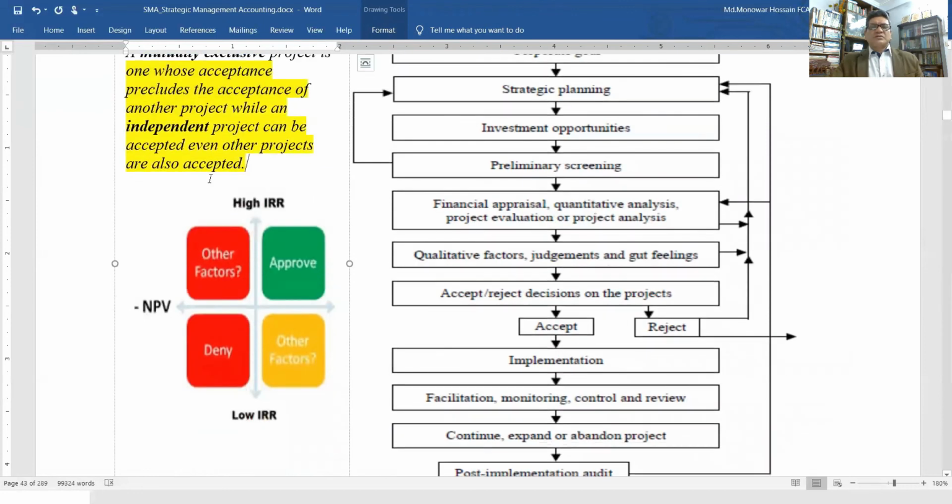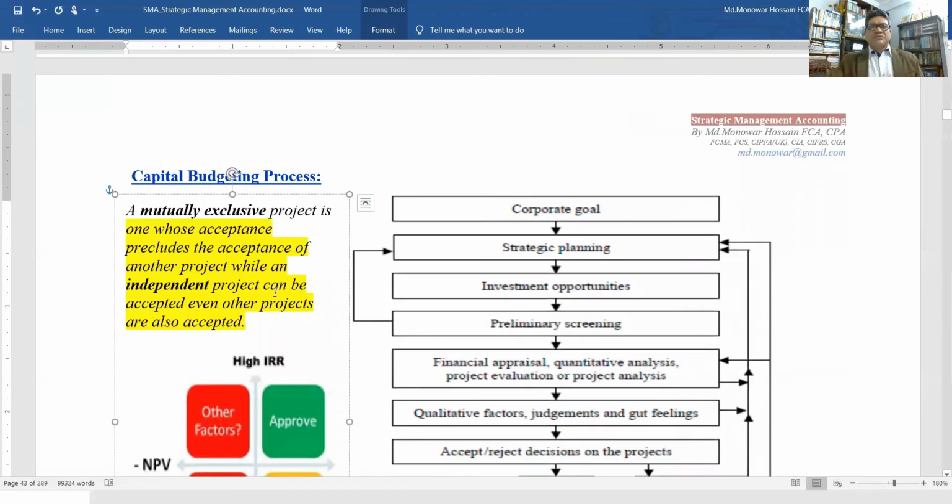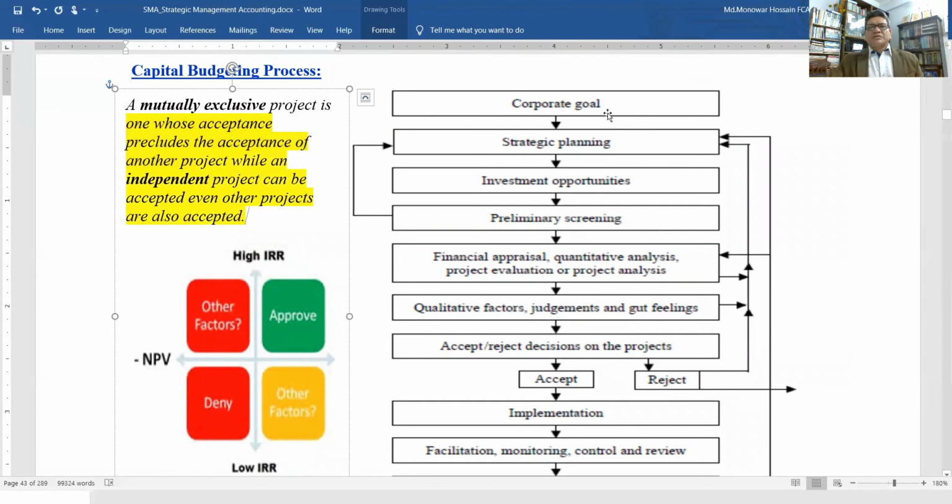Based on the corporate goal, we need to do the strategic planning, find out the investment opportunity, make the preliminary screening, financial appraisal, quantitative analysis, and project evaluation.